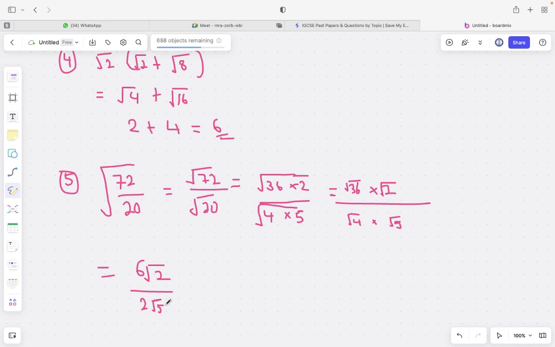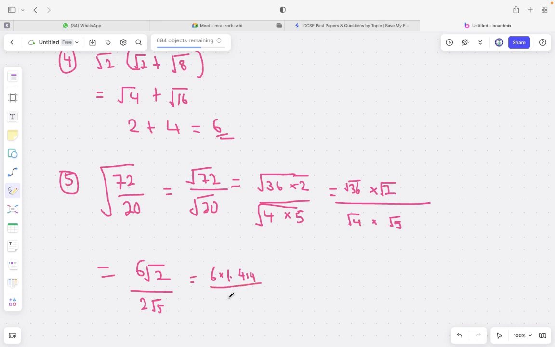Is that okay? But if you're given this question, we are given the value of root 2 and root 5. The value of root 2 is 1.414, so this will be 6 times 1.414. And the value of root 5 was also given in this question, though we didn't write it down.